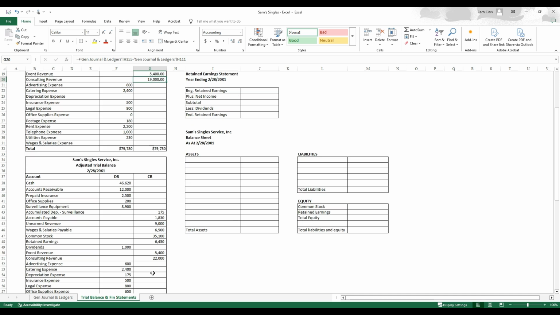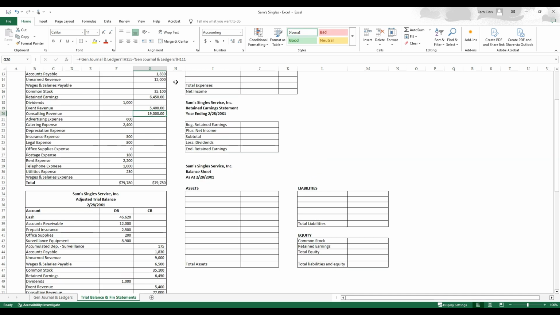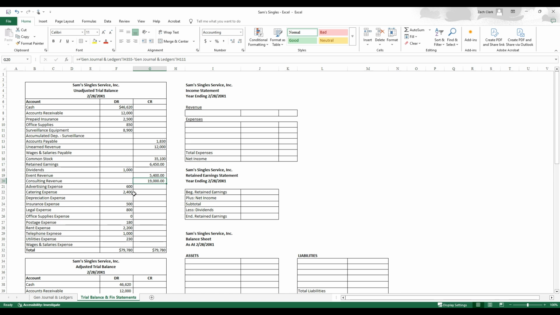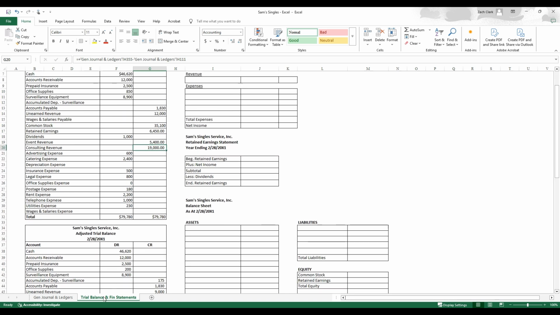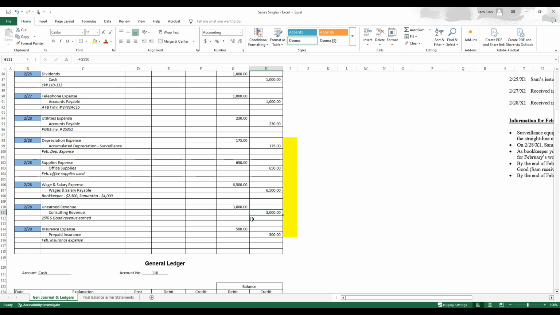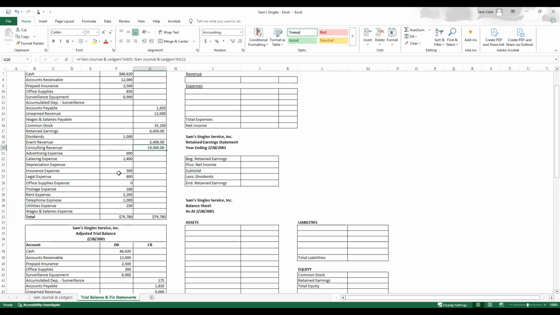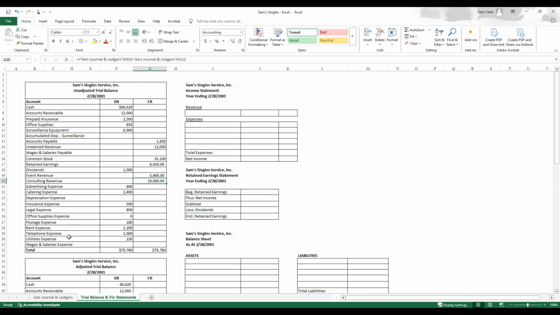And you can see the difference in the actual ending revenue is the 22,000, but before we did the adjustment, it's only 19,000. And this is the unadjusted trial balance, right? This is the adjusted version. Okay, one more undoing of the adjustments here. Insurance expense and prepaid insurance. Insurance expense we can just delete out because that was the only entry that was there.